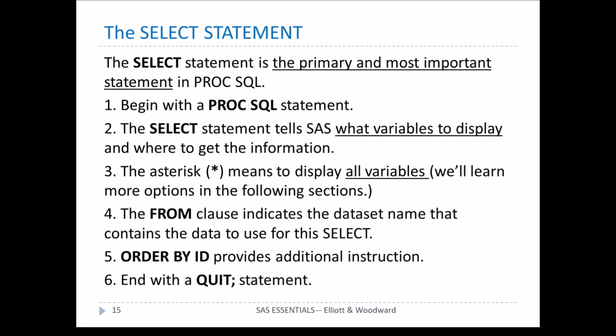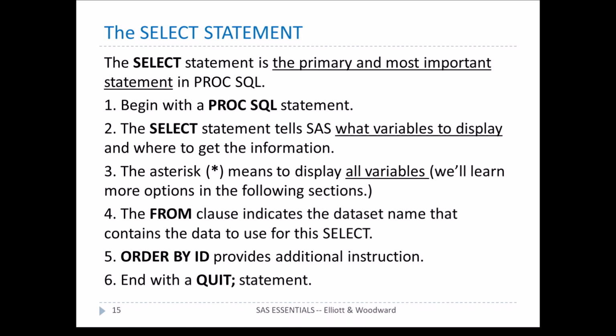All right, the select statement is the primary and most important statement in proc SQL. We always begin with a proc SQL statement, but then the select statement tells SAS what variables to display and where to get the information. The asterisk or star means to display all variables. And we'll learn more options in just a little bit about how to display only selected variables.